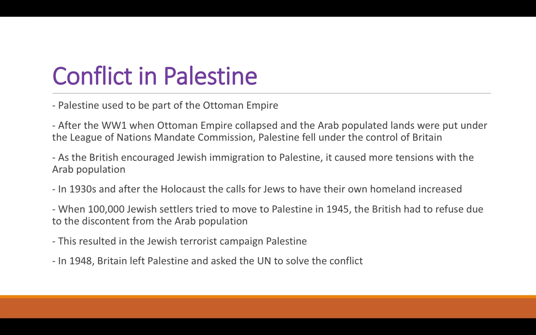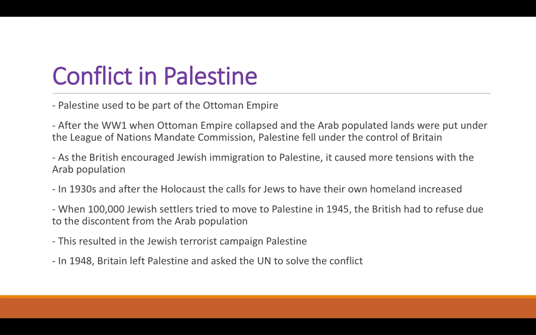If you remember, under the League of Nations Mandate Commission, mostly Arabic lands were divided between Britain and France. For example, Syria and Lebanon were given to France, whereas Palestine, Jordan and Iraq were given to the United Kingdom. As the British encouraged Jewish immigration to Palestine, it caused more tensions with the Arabic population.